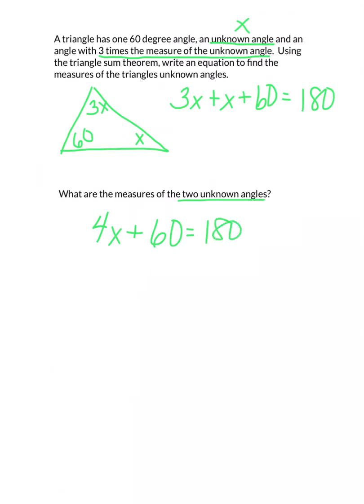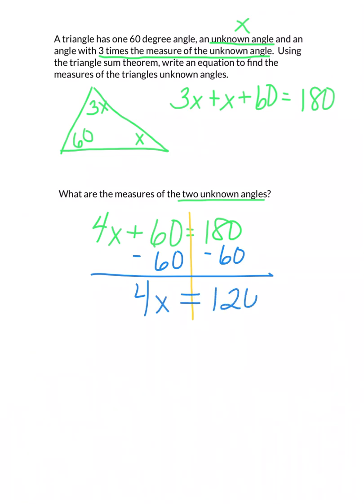Then I'm going to subtract 60 from both sides. And we get 4x equals 120. And then we're going to divide by 4, and we now get x equals 30.